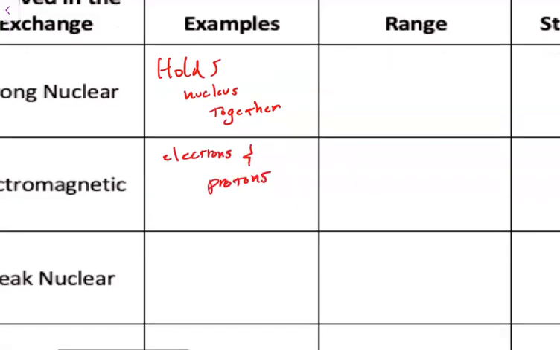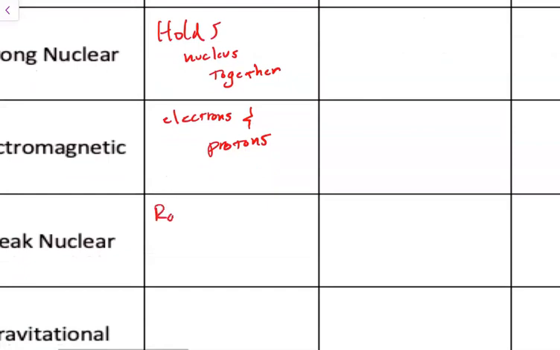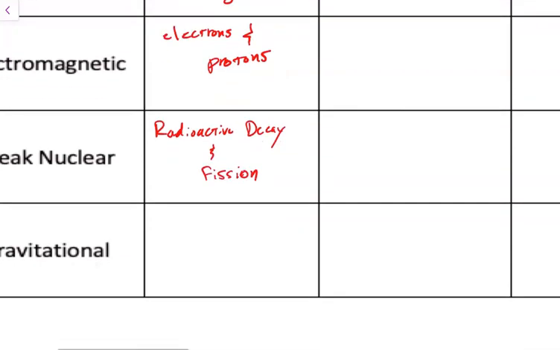The weak nuclear is specific to radioactive decay and fission. And gravitational is with stellar masses, or all masses, but specifically, we can look at our solar system.